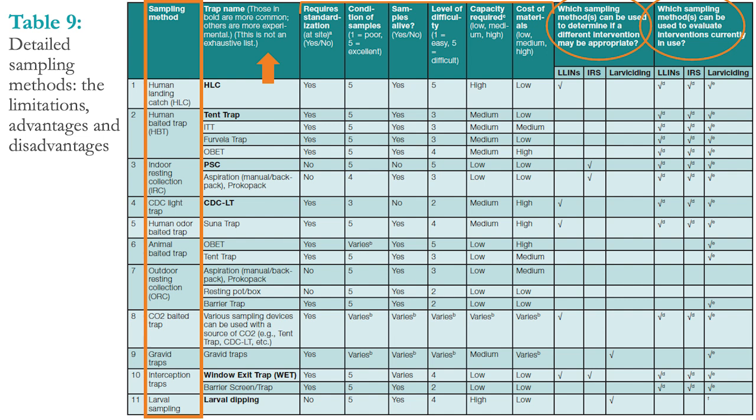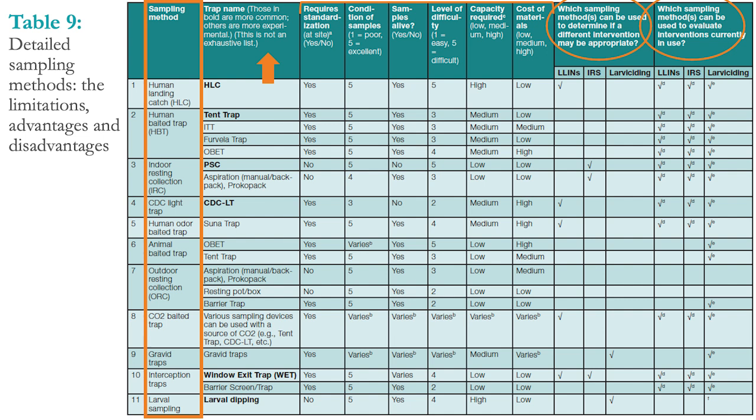The following series of columns to the right include characteristics of each sampling method that may help determine whether it would be appropriate for your context. For instance, each method is rated for its level of difficulty, 1 being the easiest and 5 being the most difficult.